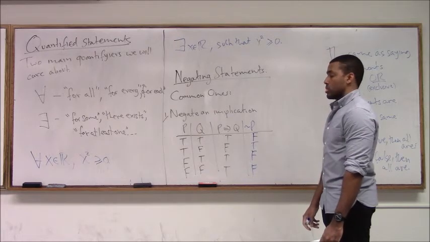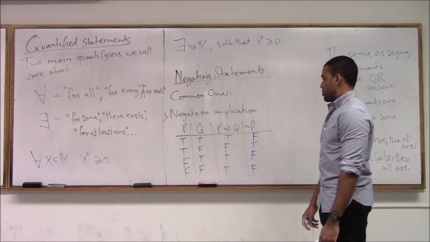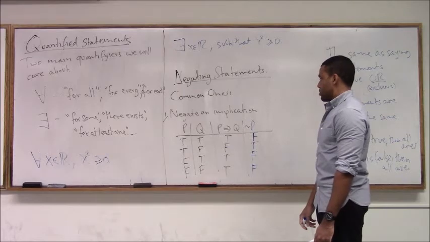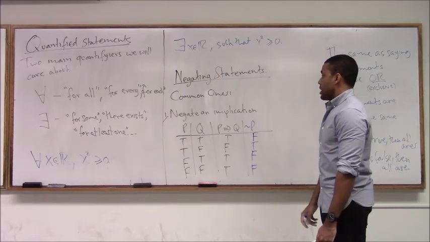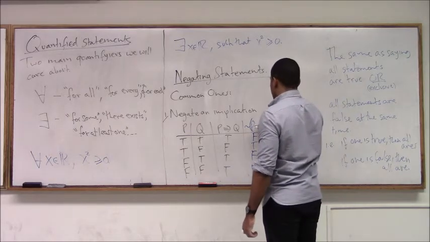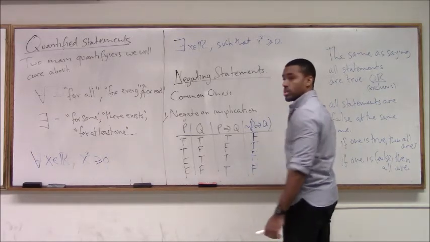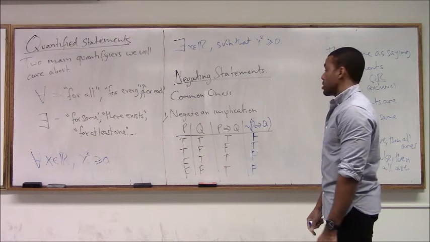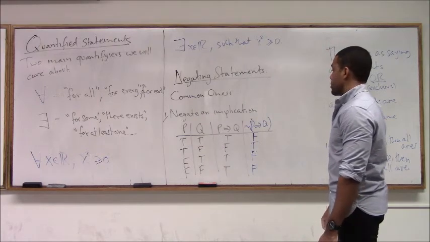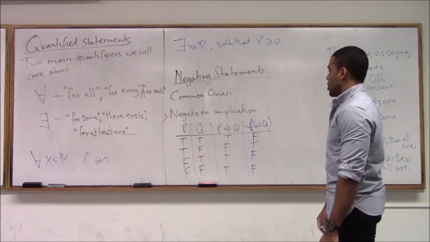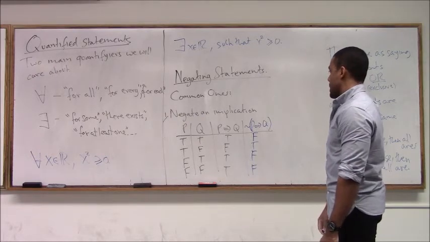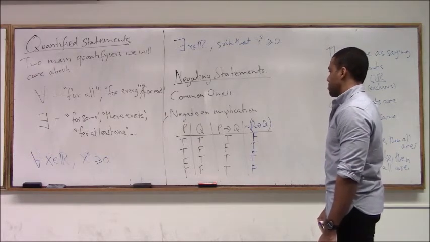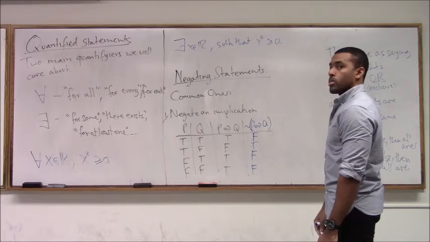Can't you just negate the whole thing? Why not put a not around the parentheses, P implies not Q? What would P implies not Q look like? It'd be false on the same line, and then true everywhere else. Yeah.